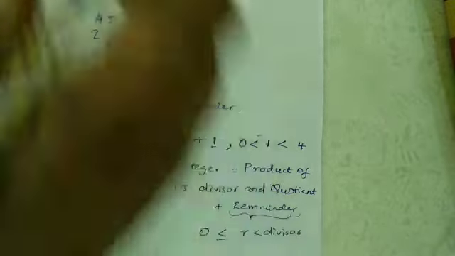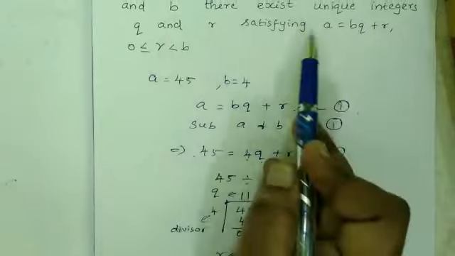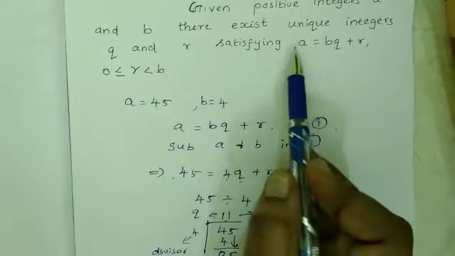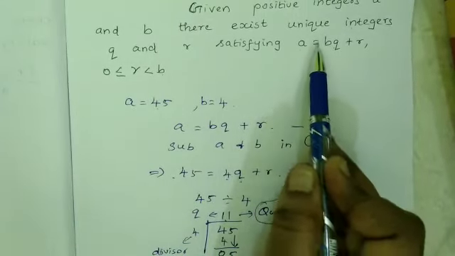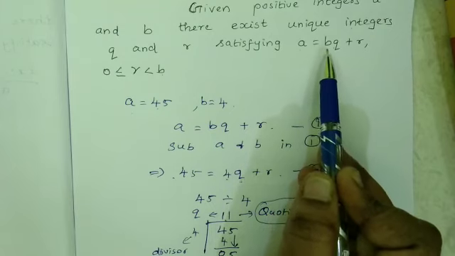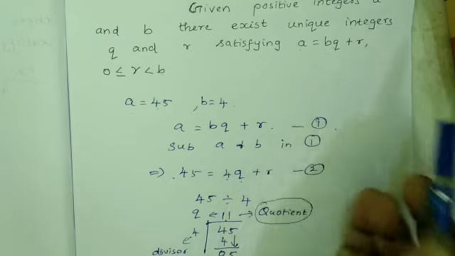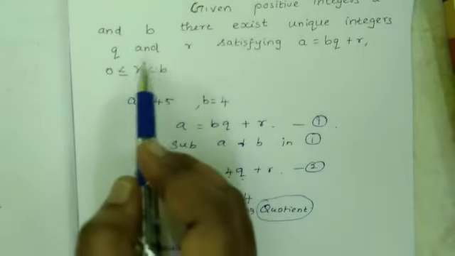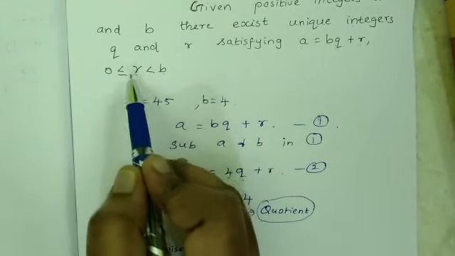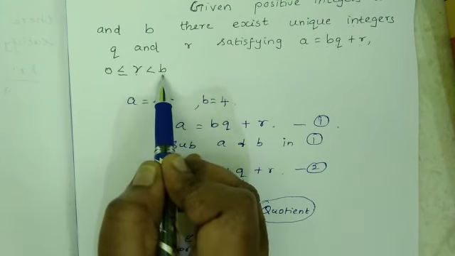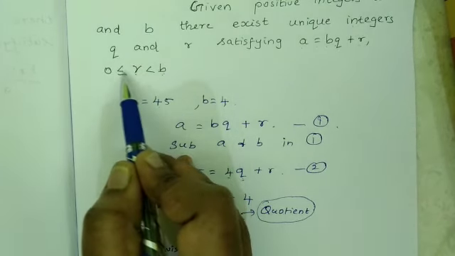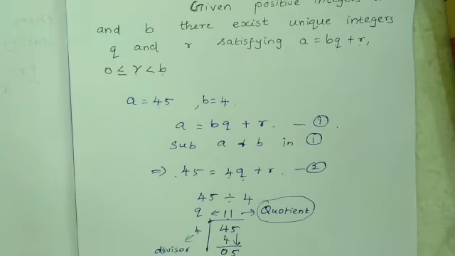That is what is explained in Euclid's division lemma: any positive integer a can be written as the product of its divisor b and quotient plus remainder, where r satisfies the condition that r is less than its divisor b and greater than or equal to 0. Hence proved our lemma.